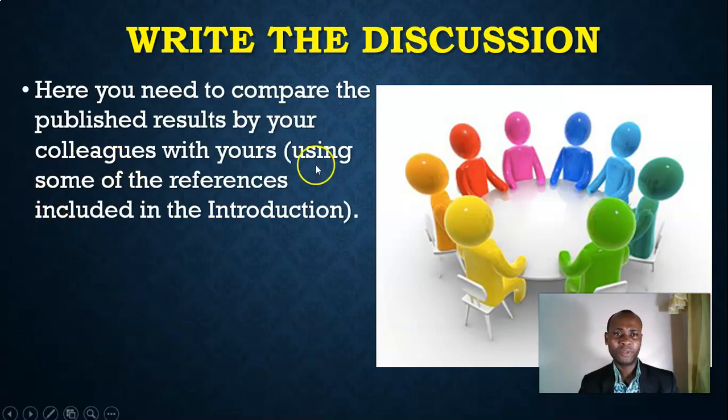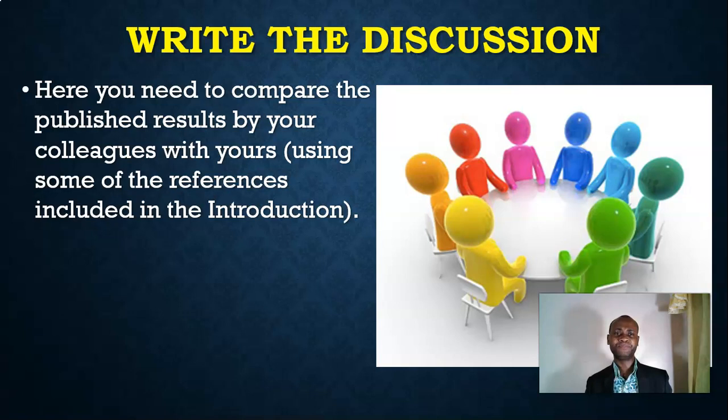So here you need to compare the published results by your colleagues with your results, using some of the references included in the introduction. So what we are saying here is that in the discussion, usually there are three levels.